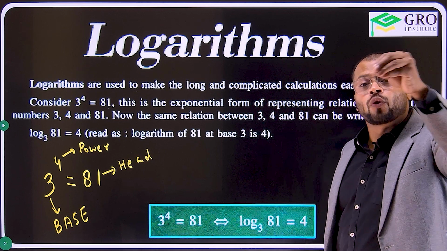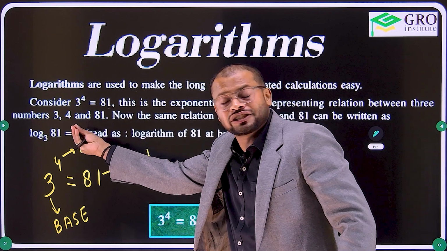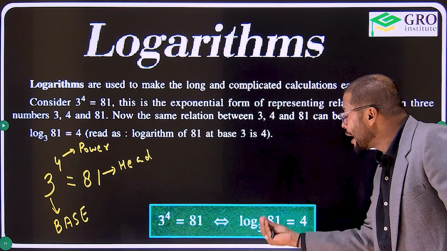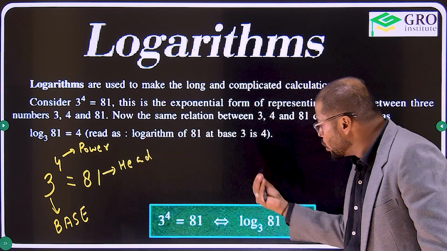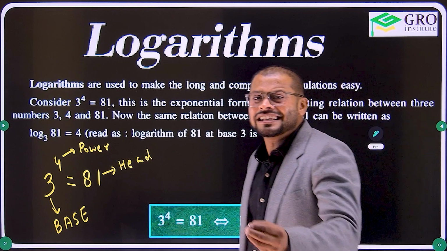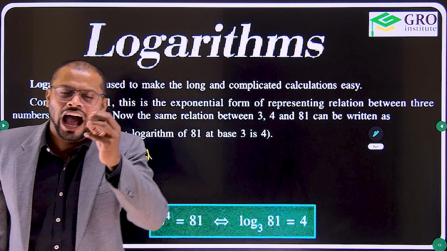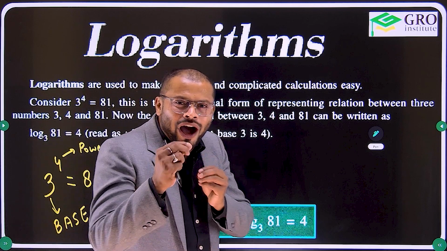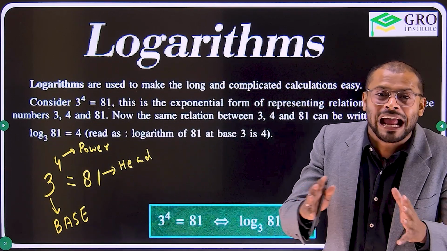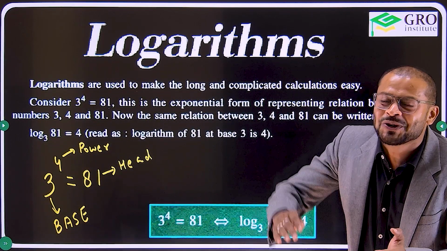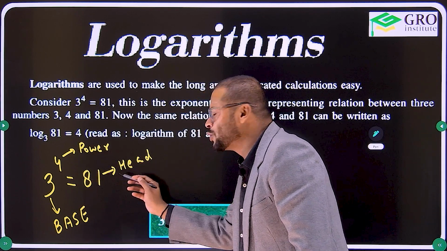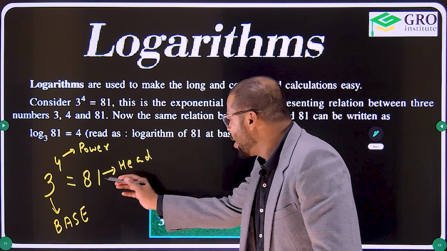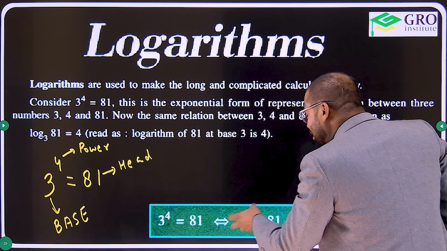Now we are going to convert this exponential form into logarithmic form, right? In these 18 minutes, I will make sure that you are going to solve all types of questions, easy to high level. Just pay attention. 3 to the power 4 is equal to 81, right? Now, what is my logarithmic form?